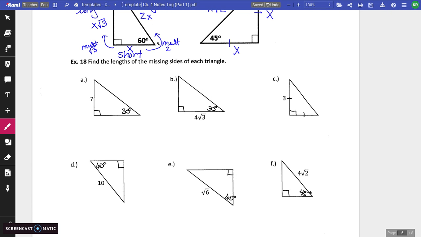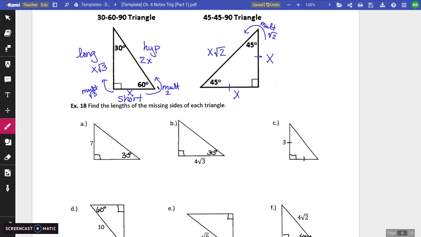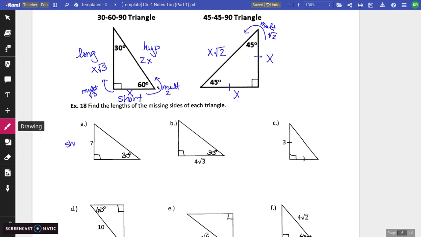So A, 30, 60, 90. This side, the 7, is your short leg. Going from short leg to hypotenuse, you multiply by 2, so that would be 14. Short leg to long leg, multiply by square root of 3.